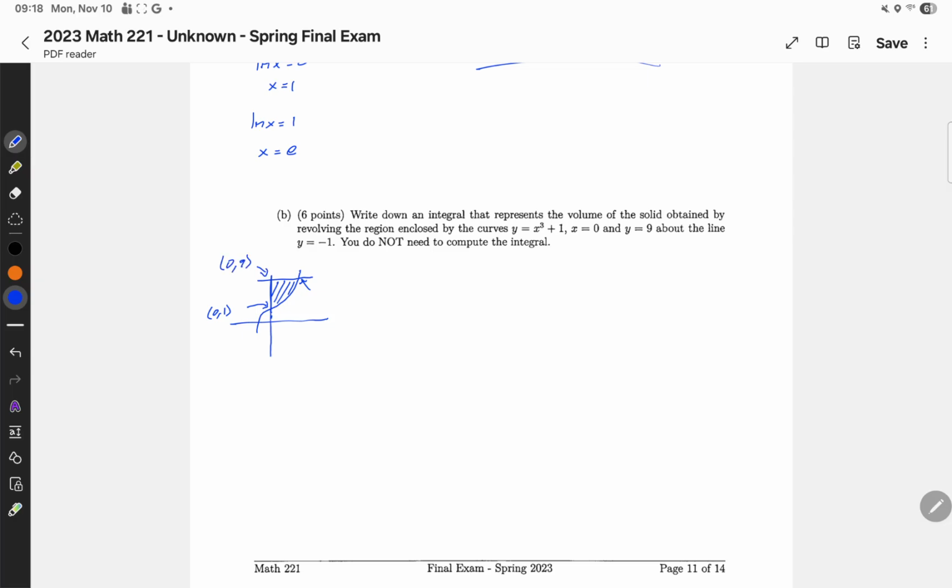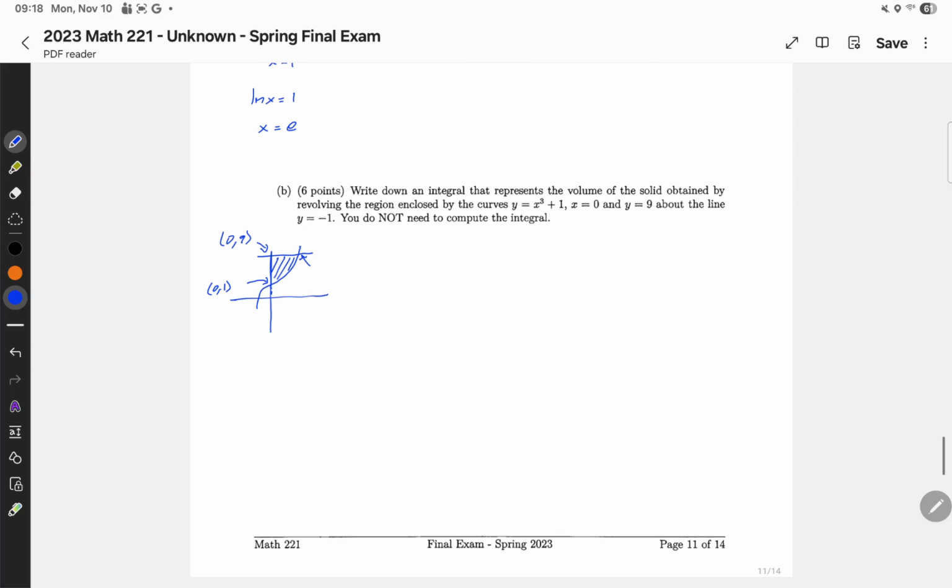And I'm just getting these from, the first one I got from when we plug in x equals 0, we just get y equals 1. And the second one, we know the line is at y equals 9. This point we're a bit more interested in, when is x cubed plus 1 equal to 9? Well, subtract 1 from both sides, we get x cubed is equal to 8, which gives us x is equal to 2. So you know that this is at 2, 9.